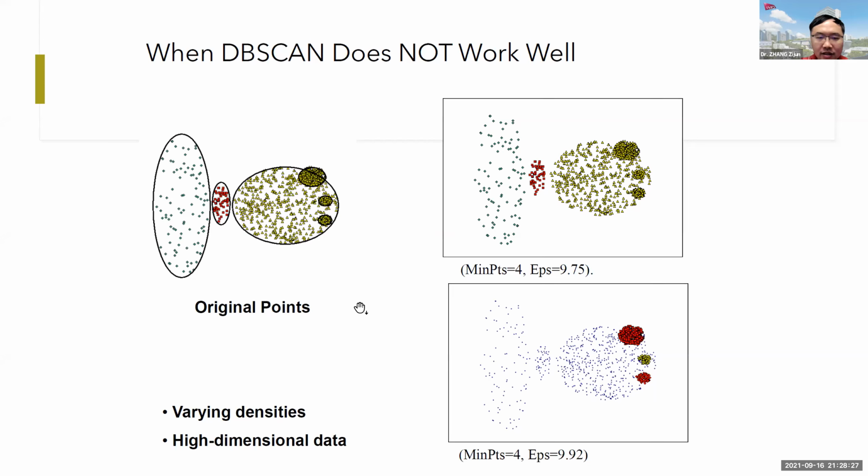So in this case, DBSCAN might not work well. It will focus on some particular densities and treat more scattered data points as another cluster. Okay, and also high dimensional data. If your data points have a higher dimension, then the density becomes difficult to count. Okay, so you are losing its function.